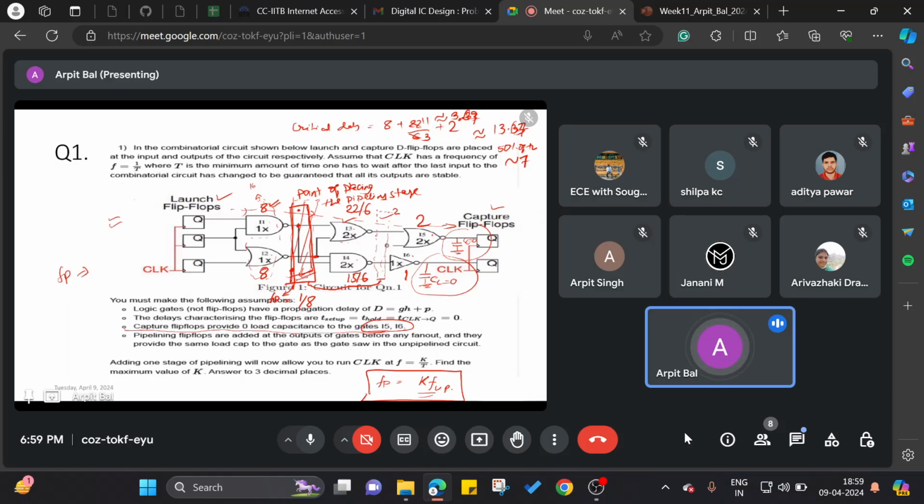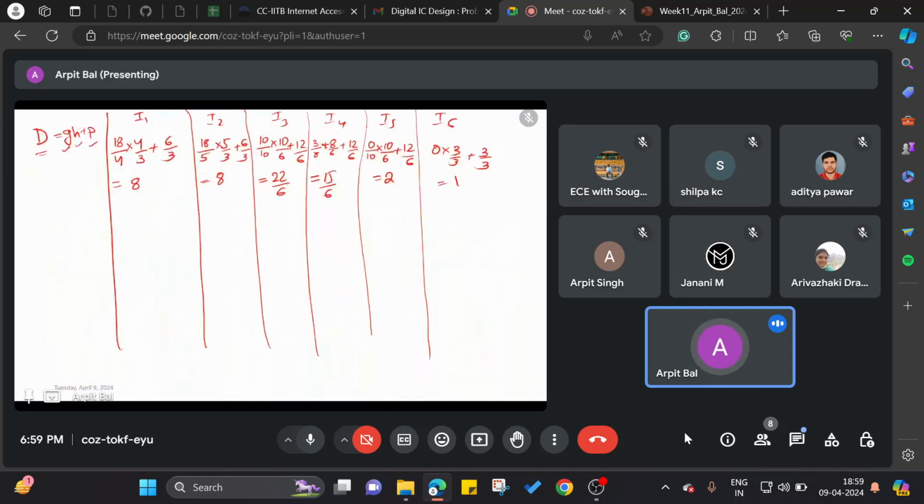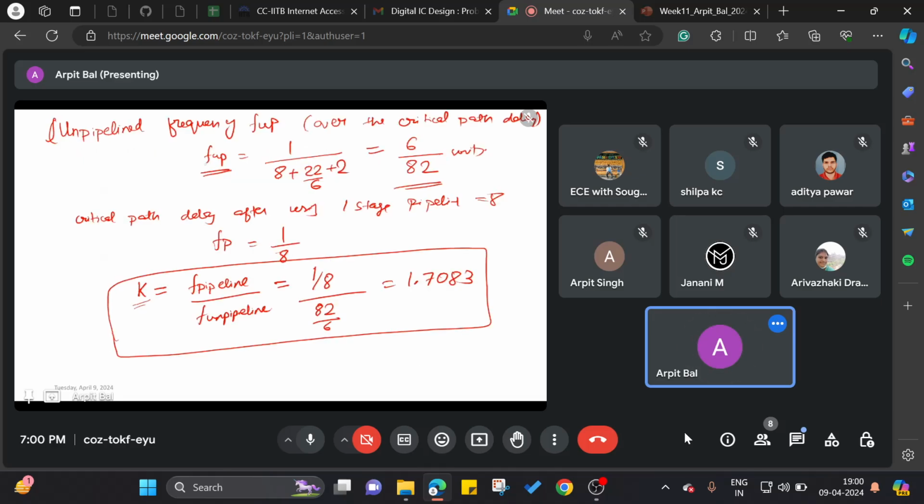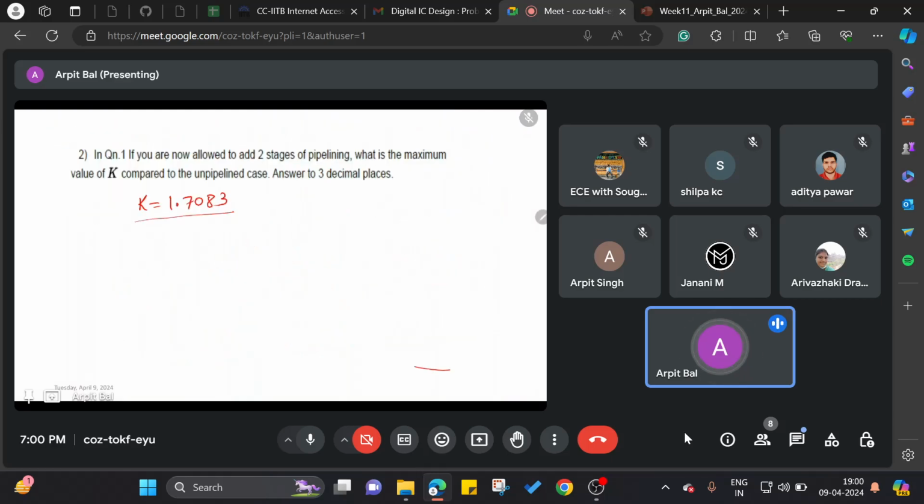It has to be again 1 by 8. Because of this, there is no point in adding a second pipeline stage in this case. If it would have been added, then the FP would still be 1 by 8, and because FUP is the same, my K value is still going to remain the same, 1.7083.